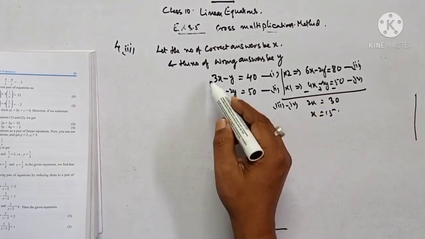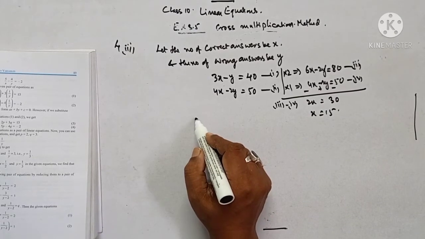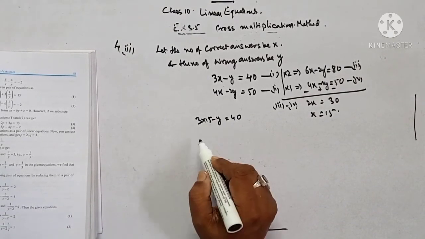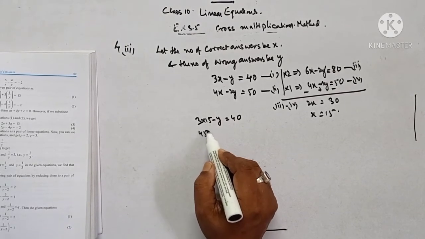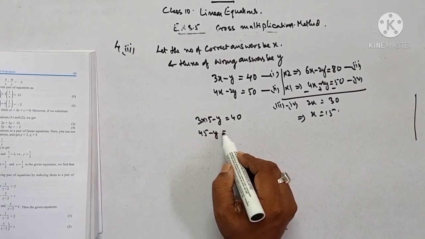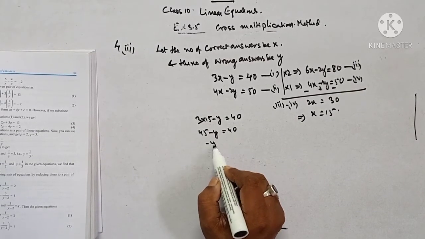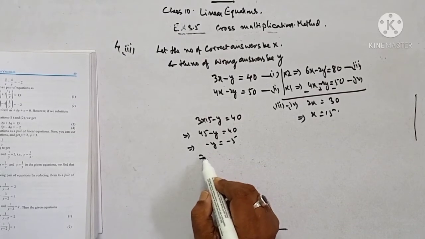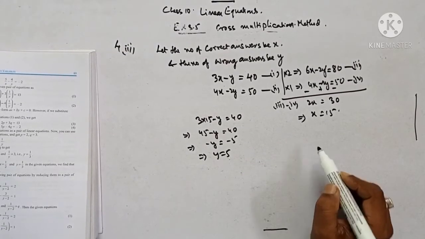You select any one of these two equations. So 3 into 15 minus y is equal to 40. So 45 minus y will be equal to 40. So minus y equal to minus 5. So your y will be equal to 5.